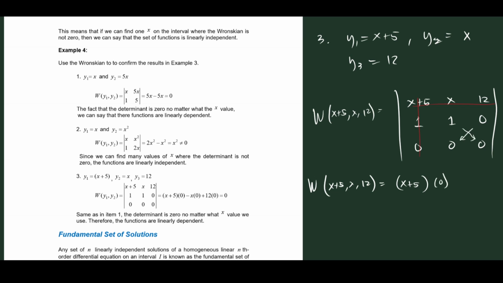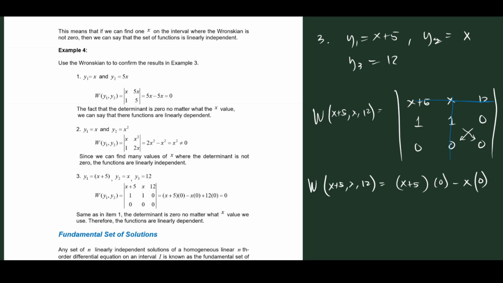And then minus the second one, x multiplied by 1 times 0 minus 0 minus 0.